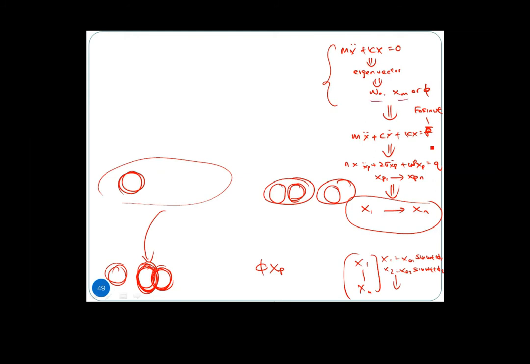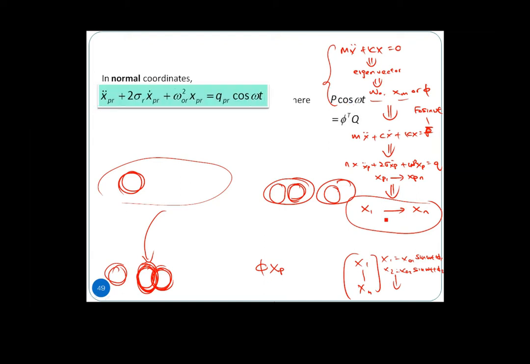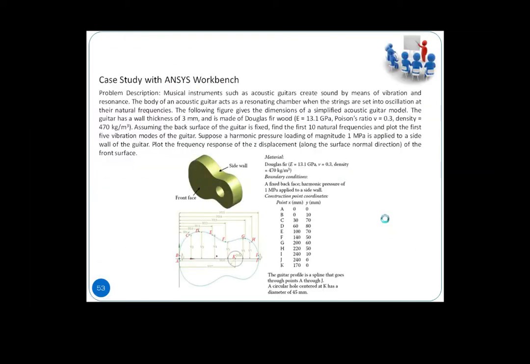From there, only can we use the mode superposition method to find X1 until Xn, meaning the nodal deformations. So how it works, you first have to perform the modal analysis to get its natural frequency and mode shape. With this information, only then can we find the X.